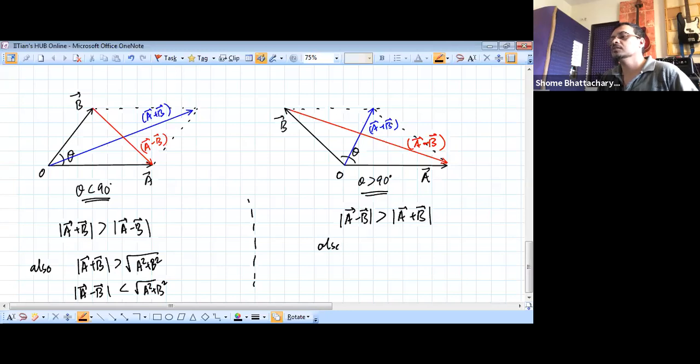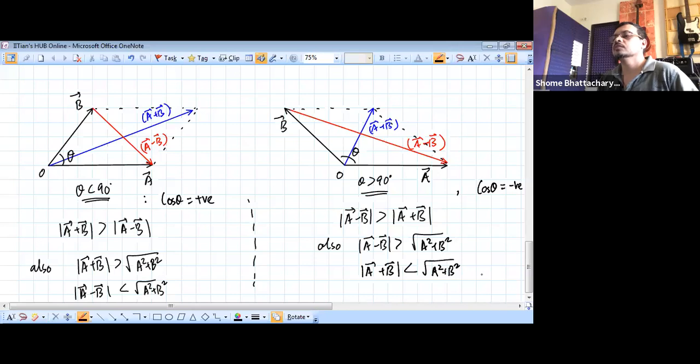And in fact, A minus B has a magnitude which is greater than square root of A square plus B square, whereas A plus B has a magnitude less than root of A square plus B square. Why does that happen? Because cos theta becomes a negative quantity. Over here, cos theta becomes a positive quantity.